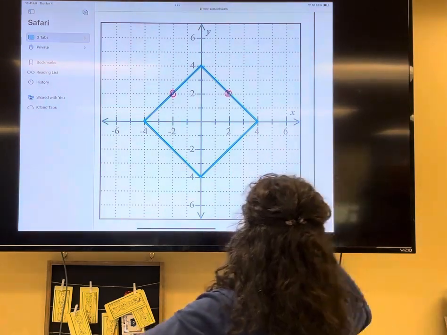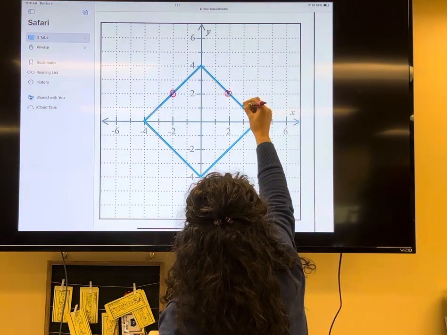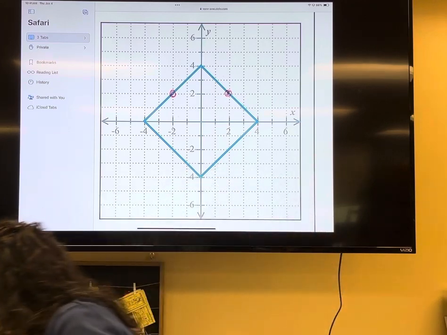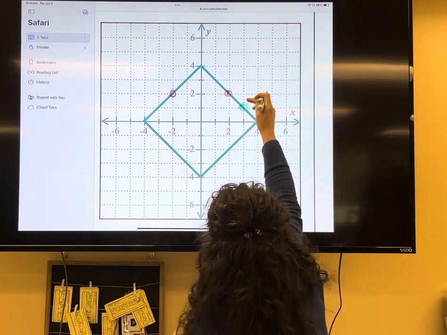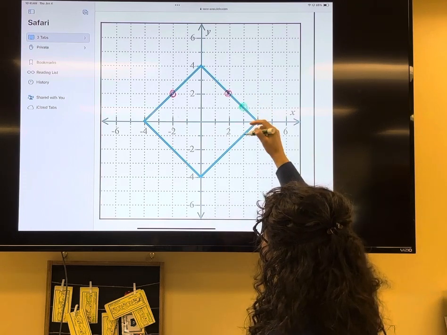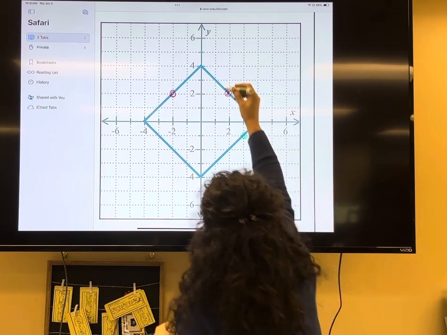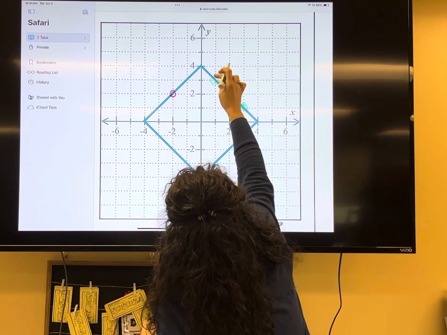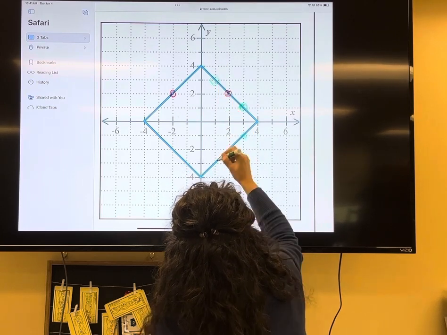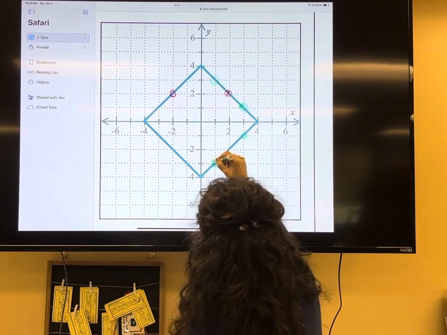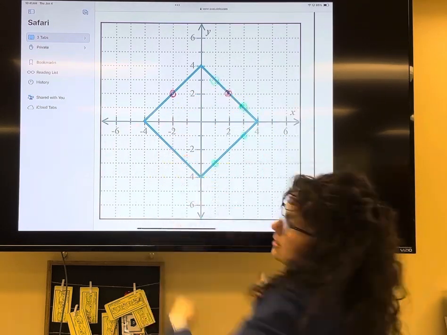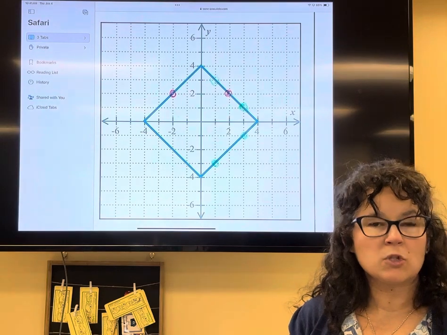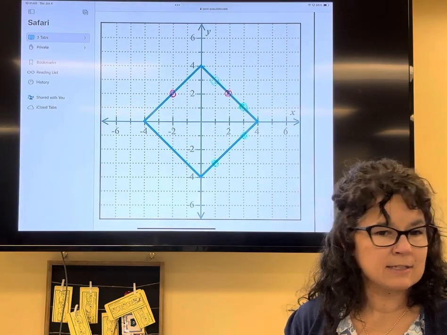If I jump this point right here across the x-axis, it would land here. If I have this point and I jump it across, it's gonna land right here. If I fold along the x-axis, it's gonna match up, so it's symmetrical to the x-axis.